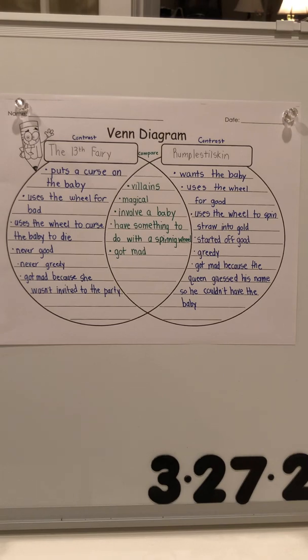Another difference between the characters is that the 13th Fairy is never good in the story. She starts off evil, and that's just the way she is. She is never good. Rumpelstiltskin started off good. He was helping the girl. Now, he was greedy because he wanted something from her, but he did have some good characteristics.